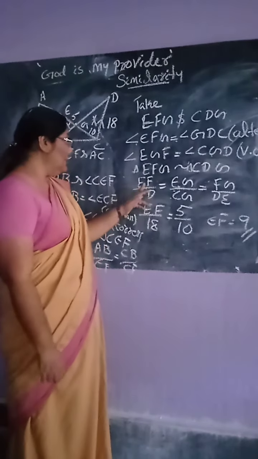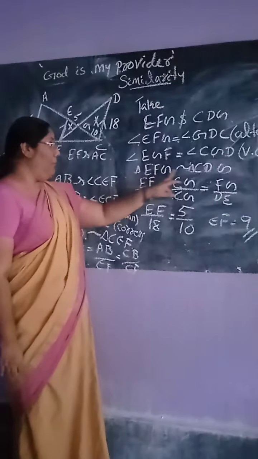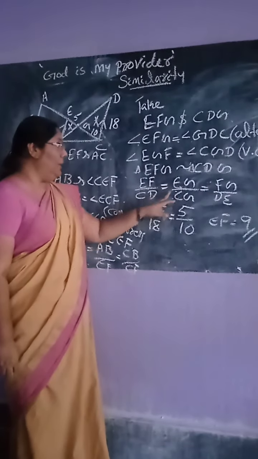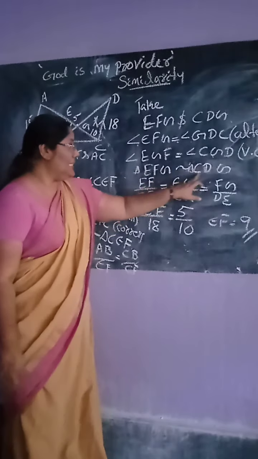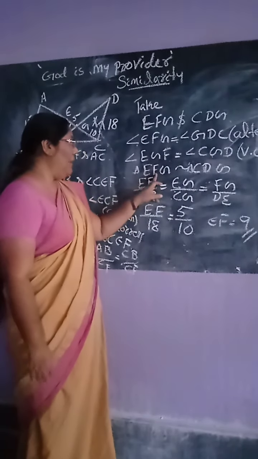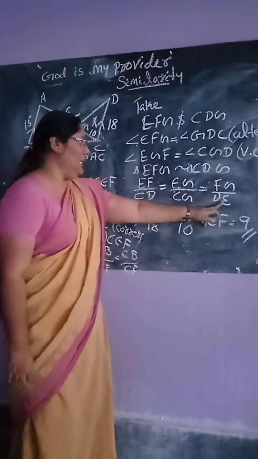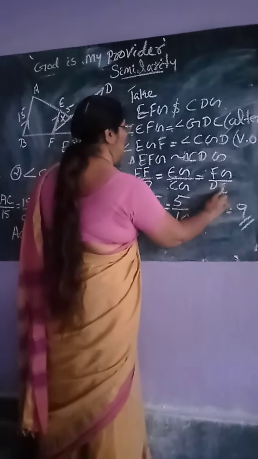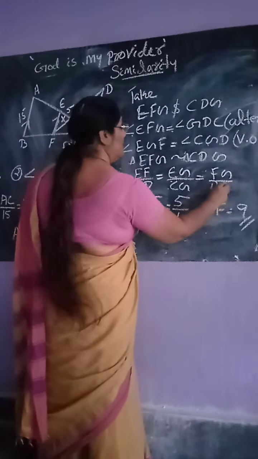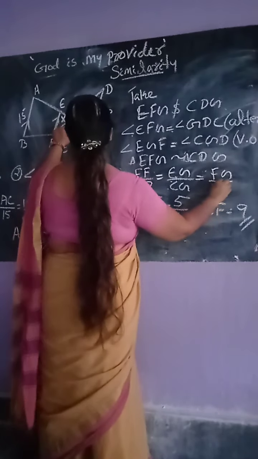If two triangles are similar, we can write EF by CD is equal to EG by CG equal to FG by DG.